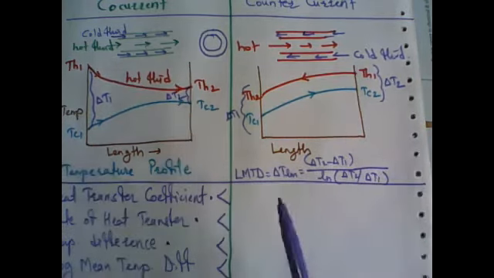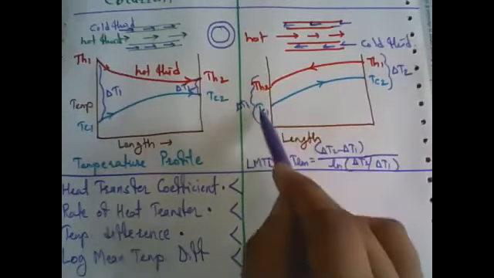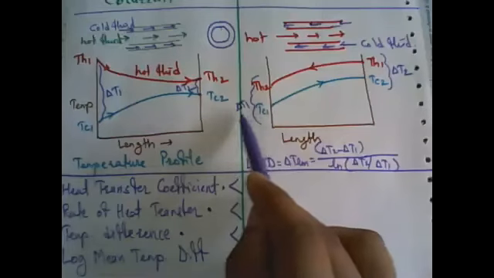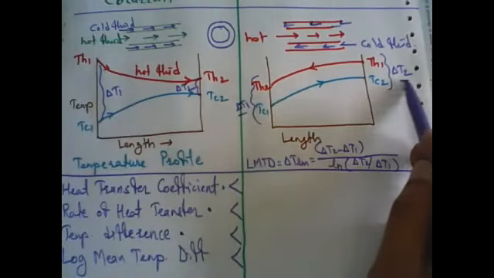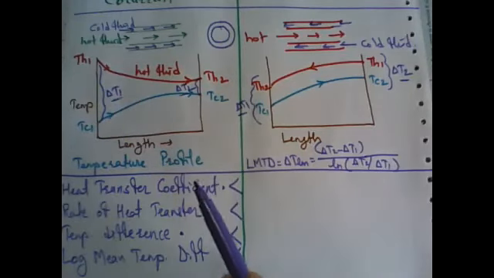So whatever numbers or temperatures are given in the numerical, on the basis of these we have to calculate the delta T1 and delta T2 values, depending on the condition: whether they have mentioned co-current or counter current flow. If they haven't mentioned anything, then we have to assume counter current flow.